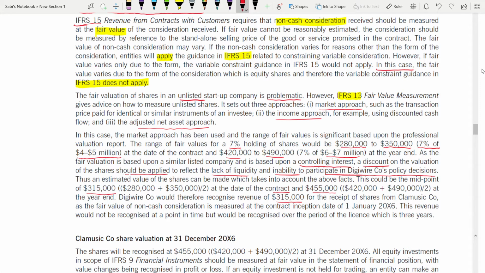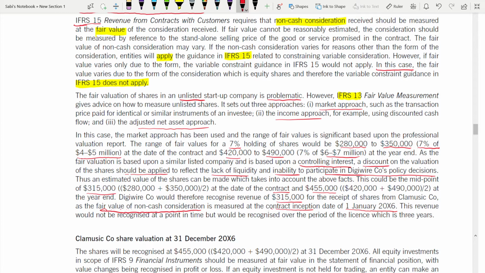Remember, fair value of non-cash consideration is measured at which date? When the contract is at inception date, 1st of Jan 2006. Don't take the year end. You're not taking the fair value of non-cash consideration at the year end as revenue. So that's why it's 315,000.